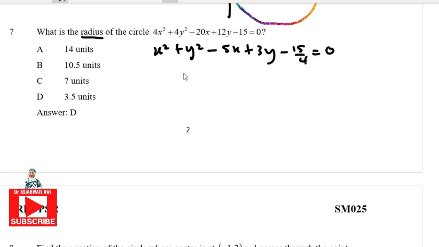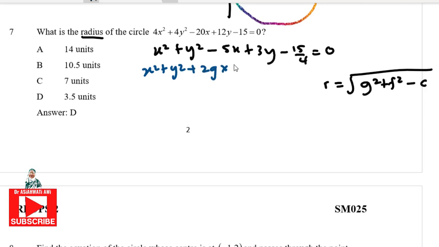Then to find the value of the radius, the formula is r equals the square root of g squared plus f squared minus c. So from here, the general form is x squared plus y squared plus 2gx plus 2fy plus c is equal to 0. Okay, 2g is equal to negative 5.